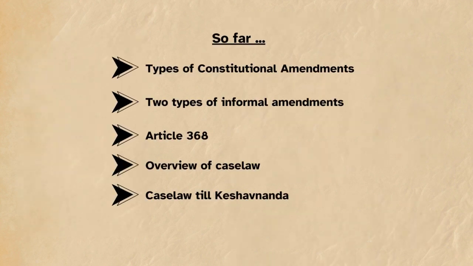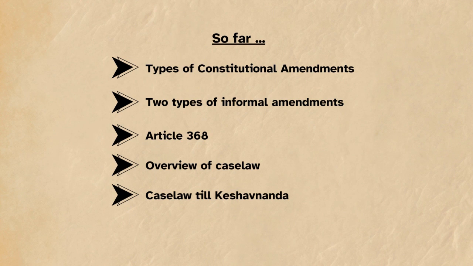Before we say goodbye for the day, let us quickly recall the subtopics that we have discussed so far. We started off this lecture by discussing the two different types of constitutional amendments. Later on, we discussed the two different types of informal amendments, that is judicial interpretation and the development of conventions.